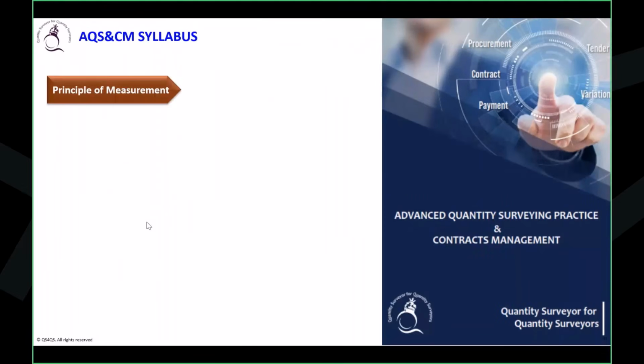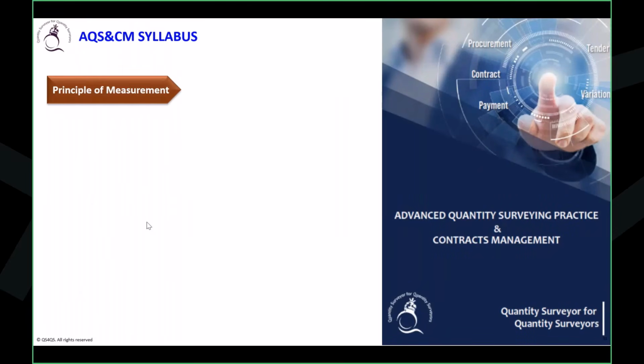We are going to talk about the principle of measurement. If you don't know what measurement is, don't say you are a quantity surveyor at all. Quantity takeoff is your basic function, so you should know how to do the measurement. We are going to learn the basic principle here, but advanced QS is not for a basic level, it is for advanced practice.